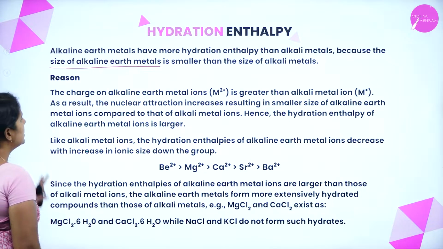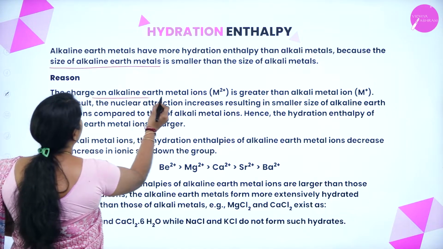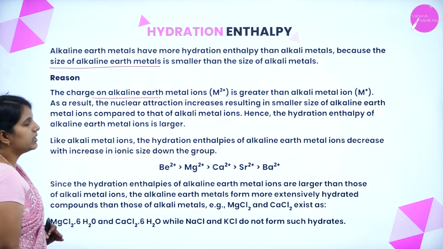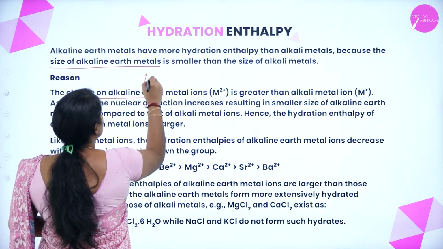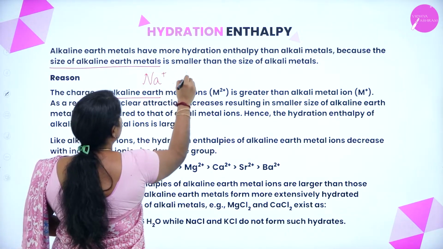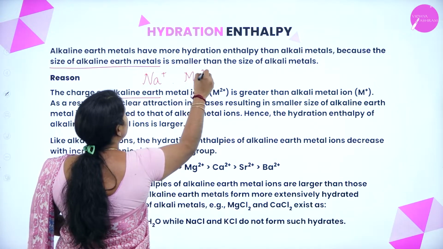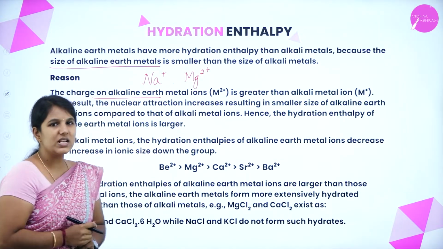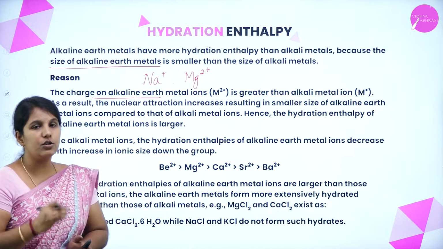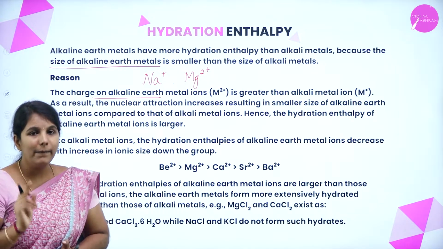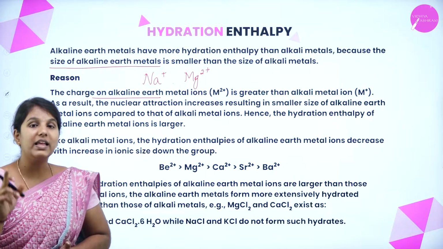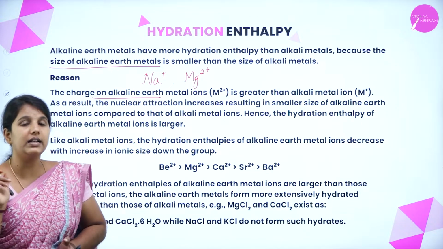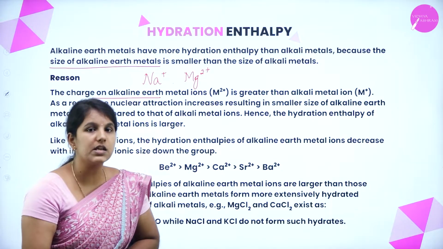The reason is the charge on the alkaline earth metals will be 2+. We represent sodium as Na+ and we represent magnesium as Mg2+. Is it right? Why is it like that? Because we know that group 1 elements carry +1 as their valency, whereas for group 2 elements the valency is 2, which means they have 2 electrons in the outermost shell.